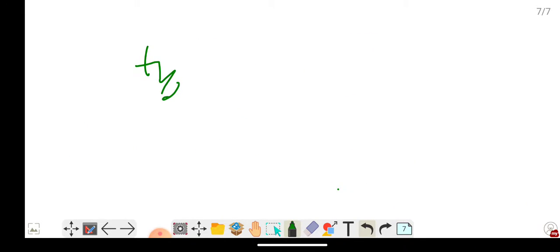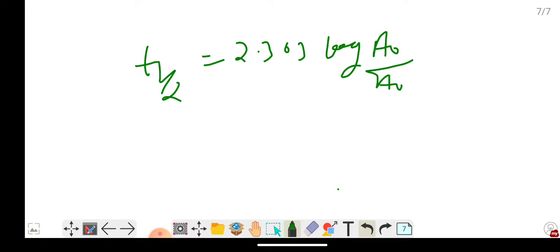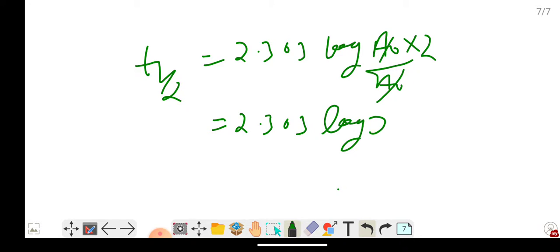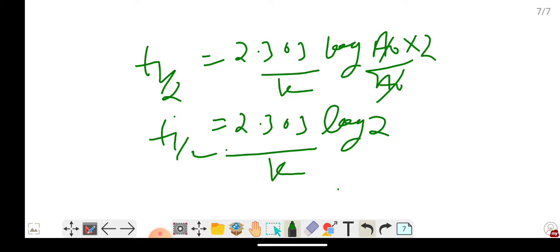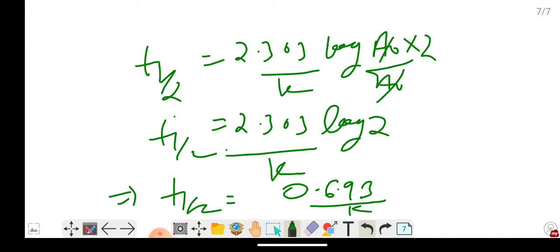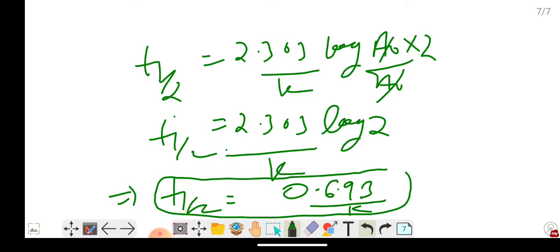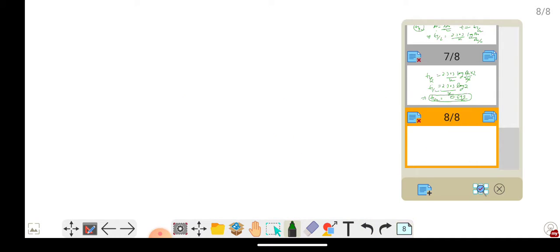So T half-life is equal to 2.303 log A naught by A naught, and this 2 comes here into 2, this cancels, is equal to 2.303 log 2 by K. So T half-life is equal to 0.693 by K. This is the half-life for first order reaction, 0.693 by K.